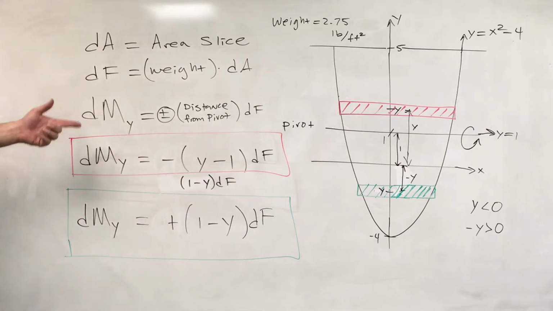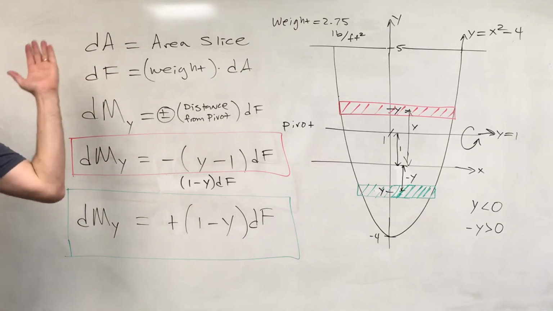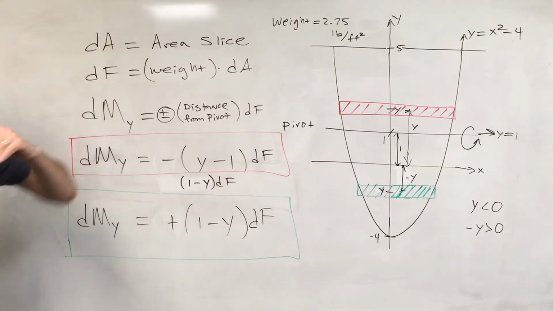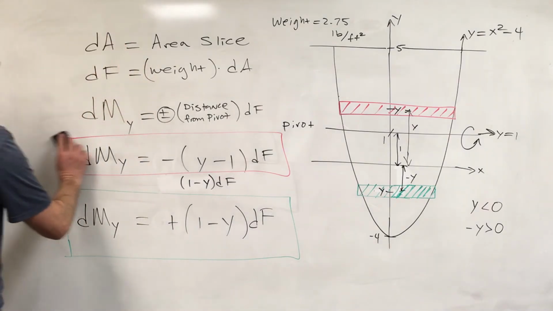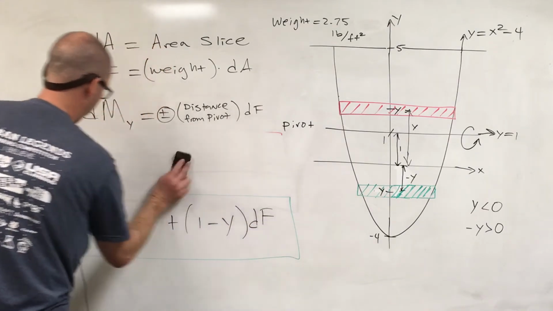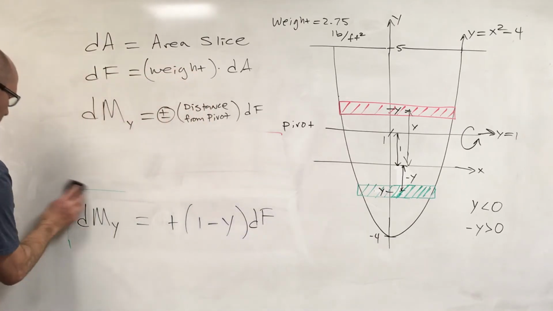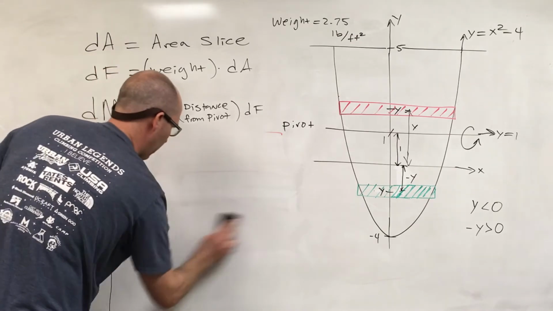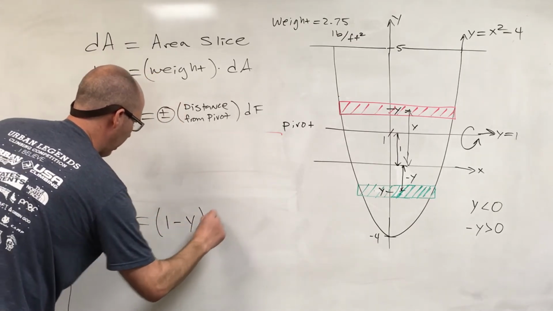So you get the same thing no matter where you put the slice, as long as you get the plus or minus correct. Okay? All right. So what we found is that dmy is (1 minus y) df.